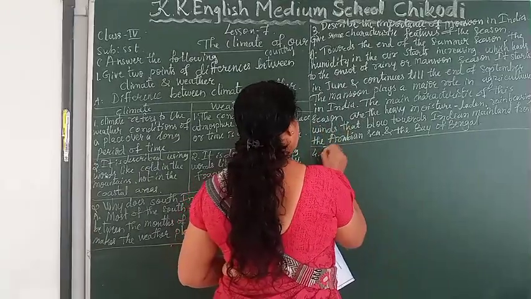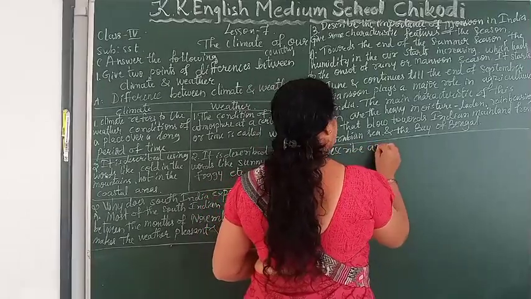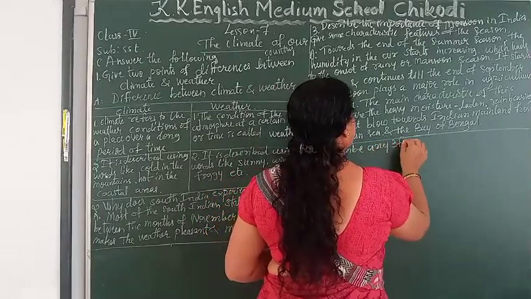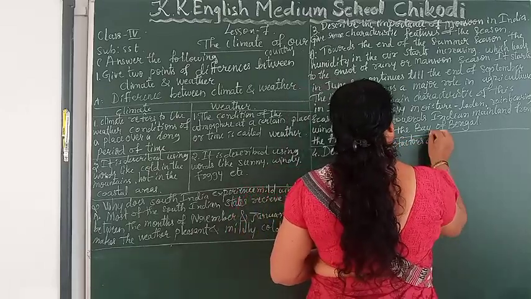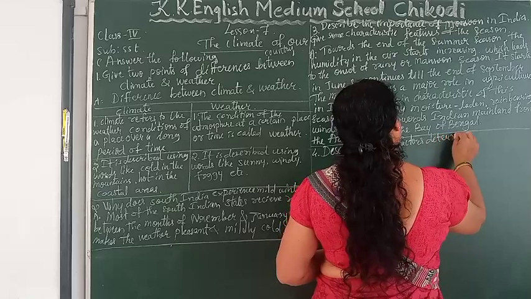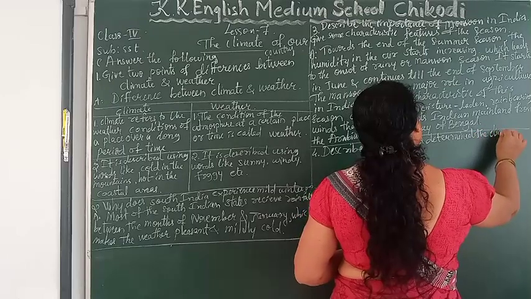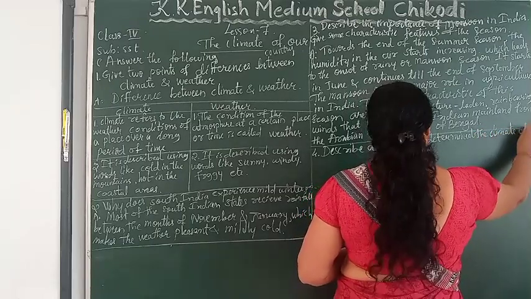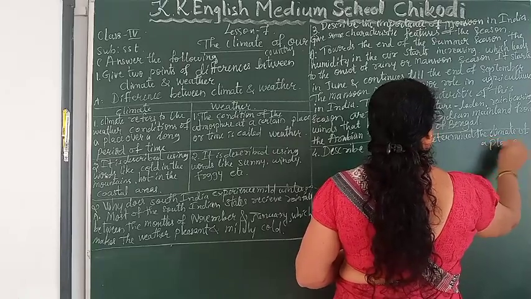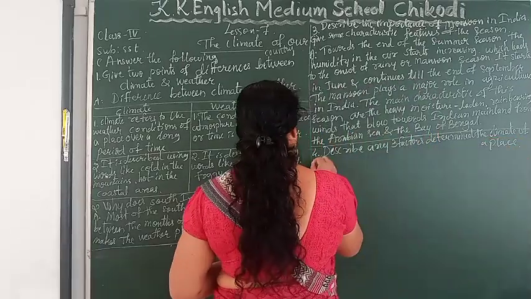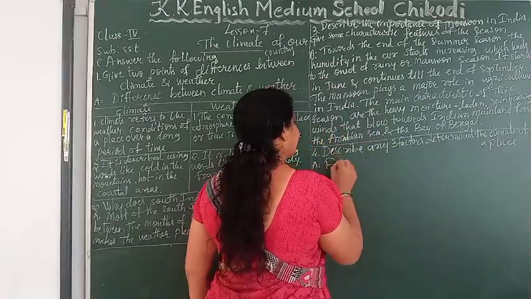Question number 4 is, describe any three factors determining the climate of a place.